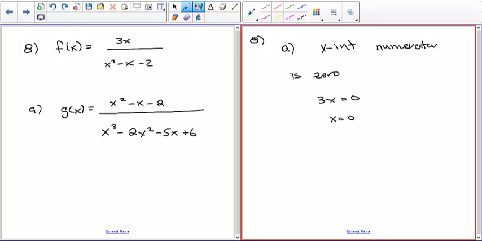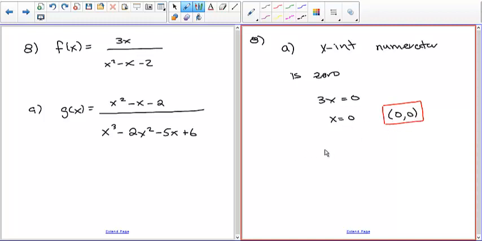So it's a point where the y value is 0 and the x value is 0. I'm setting the numerator equal to 0. So that's my x-intercept. And probably my y-intercept is going to be the same thing, because usually when the x-intercept is the origin, the y-intercept is the same.